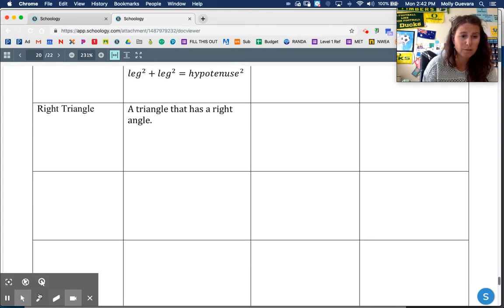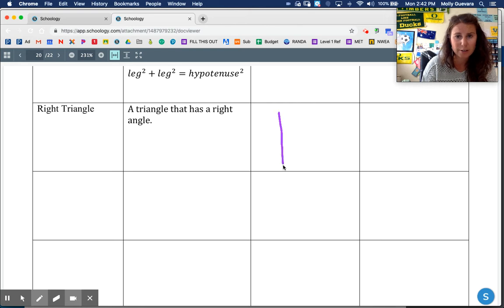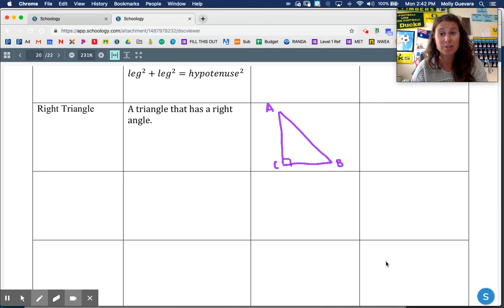And then the last one here is just a right triangle. It's a triangle that has a right angle, right? So any triangle, here's a triangle. If it has a right angle, let's call this A, B, and C. If it has a right angle, it is a right triangle.